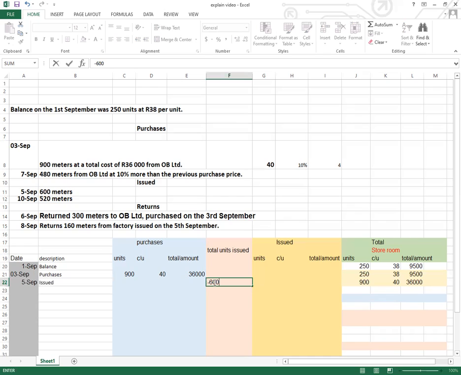The total units issued is 600 units. Remember, I said this is first in, first out, which means from this 600 we are going to issue the 250 units first at 38 Rand.